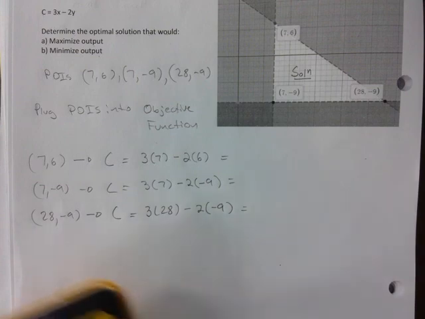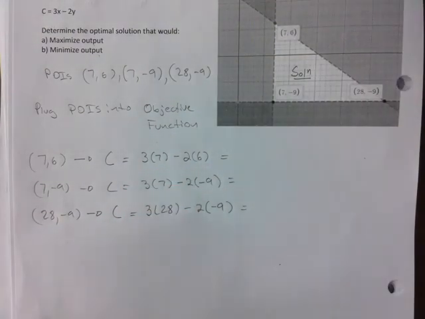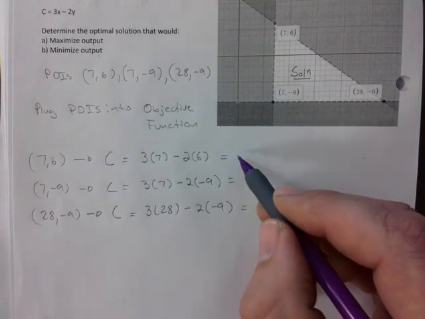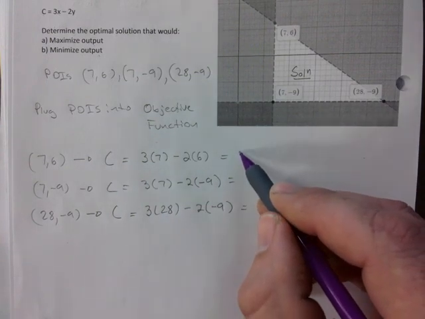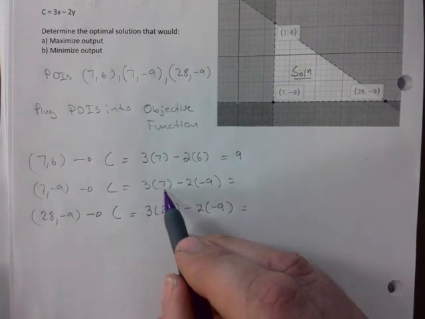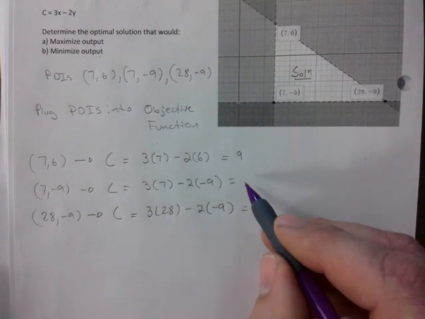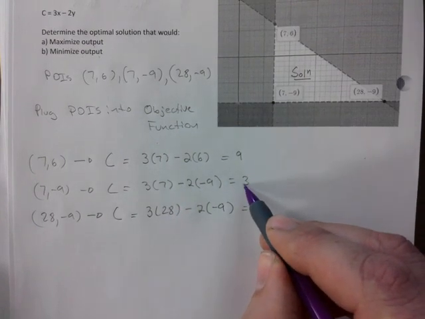So we've got 21 minus 12 there, that's 9. And this would be 21 plus 18, so that's 39.